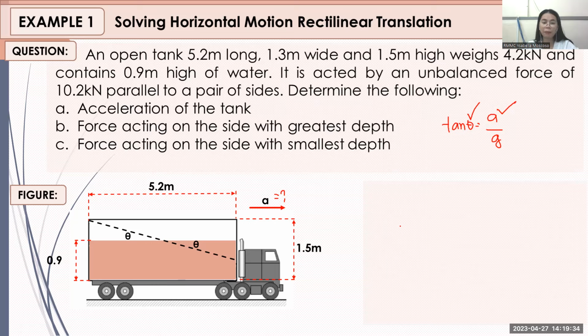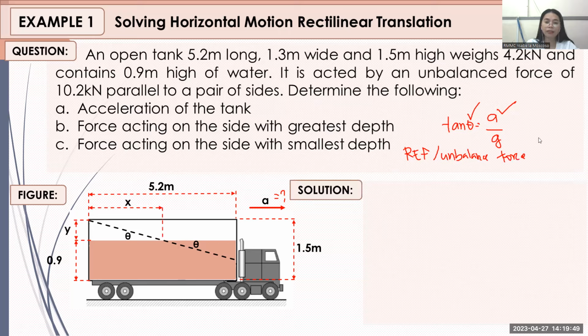So what is unbalanced force? So take note that reverse effective force is also called unbalanced force. Okay? And we know that reverse effective force is mass times acceleration. So using this formula, we can get the value of the acceleration of the tank.